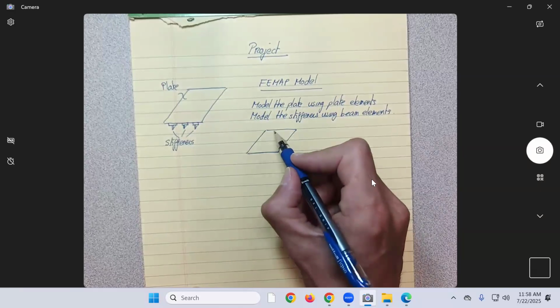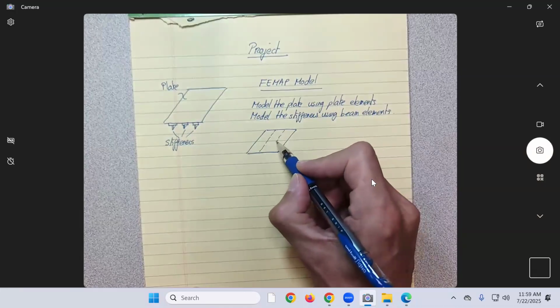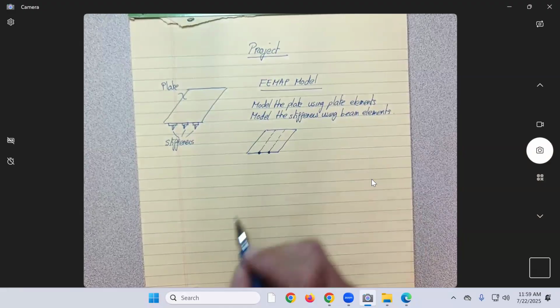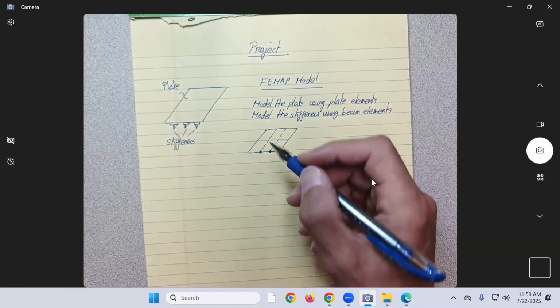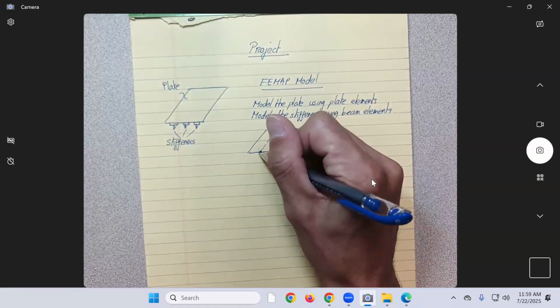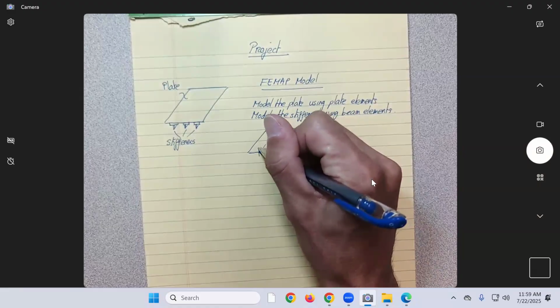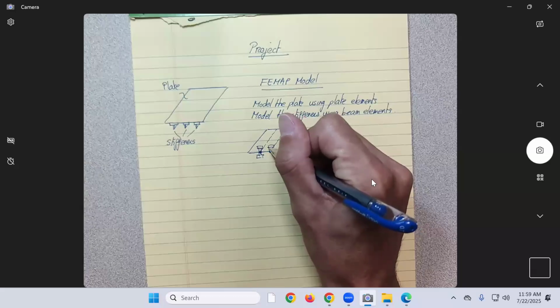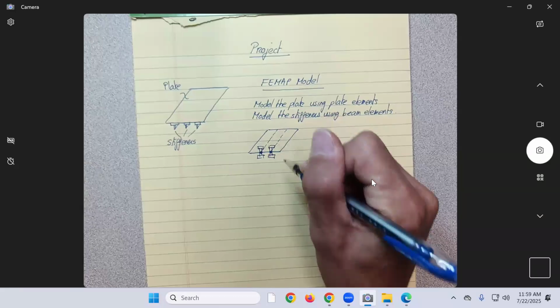You do the beams over here, let's say, and you will have one point. But if you look at the figure, what you will see here will be the beams this way, something like that.